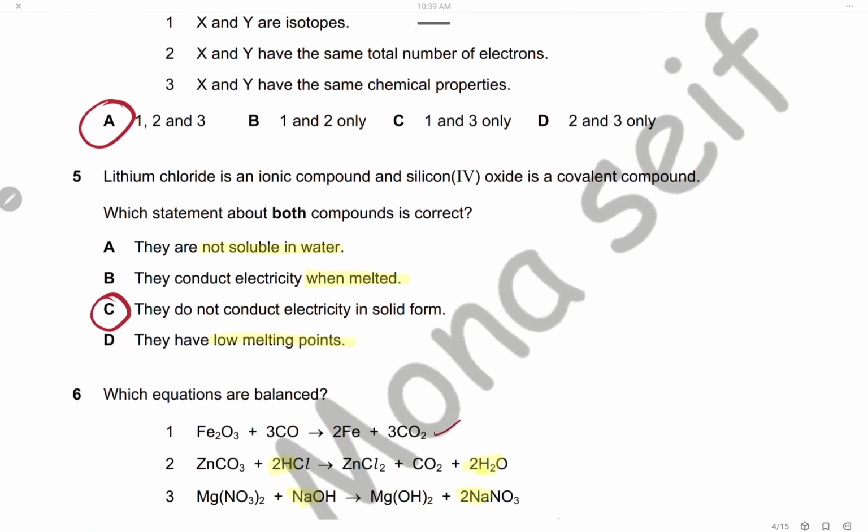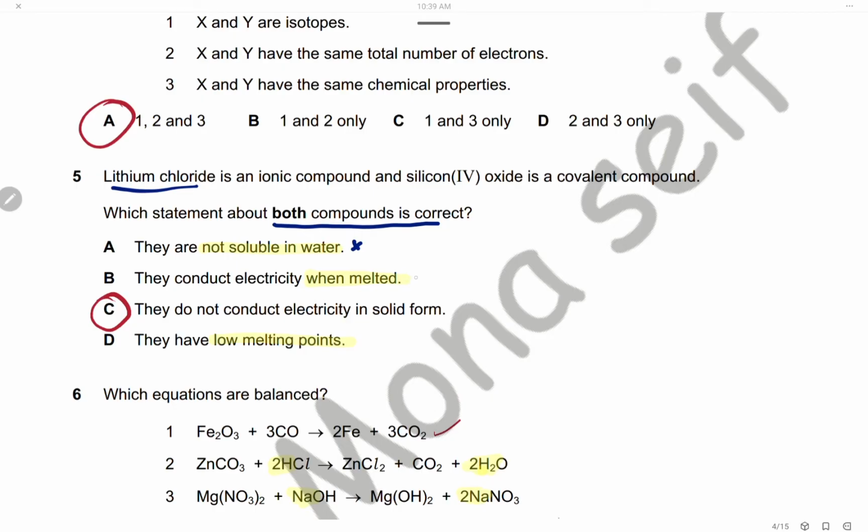Question 5. Lithium chloride is an ionic compound and silicon 4 oxide is a covalent compound. Which statement about both compounds is correct? So the statement has to be correct for lithium chloride and silicon 4 oxide. They are not soluble in water. Silicon 4 oxide is not soluble, but lithium chloride is soluble, so the statement is wrong. They conduct electricity when they are melted.